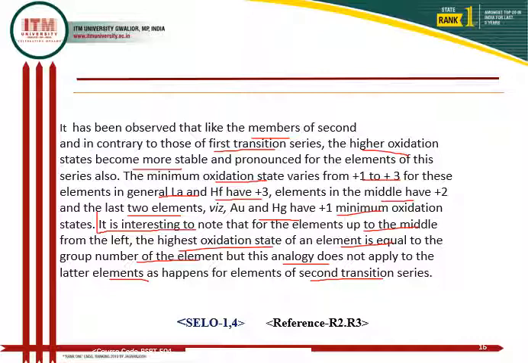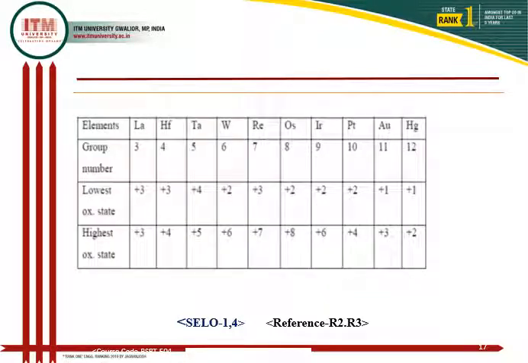Here we can see the oxidation states of the third transition series. The minimum oxidation state +3, +4 is in tantalum, then tungsten. And gold and silver have +1 as the minimum oxidation state.